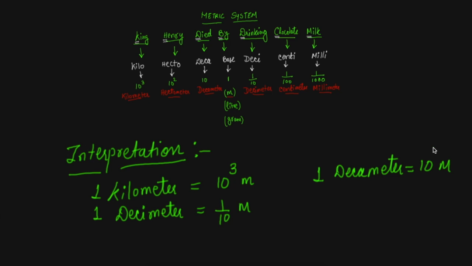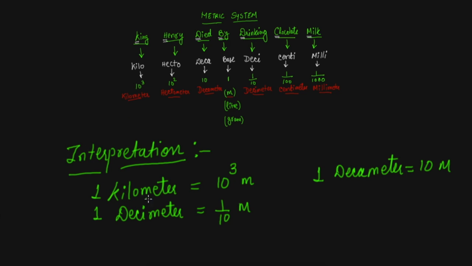Now that we have seen how to remember the metric system, let us do the interpretation of what these values mean. So for example, the value 10 raised to 3 here would mean what? So first let's get to the interpretation.